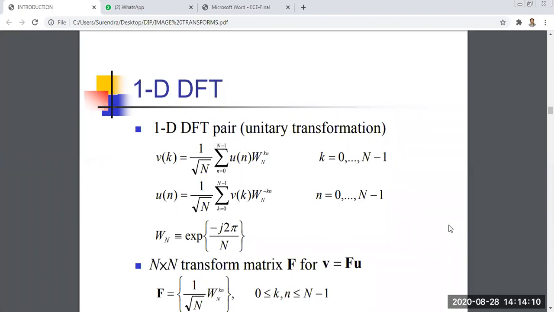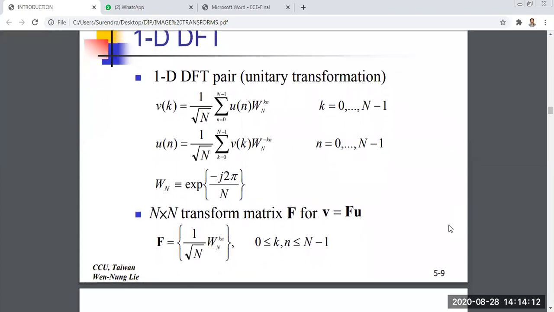So the simple one-dimensional discrete Fourier transform is given by the first expression in the forward direction and the second expression in the reverse direction, meaning the inverse discrete Fourier transform.